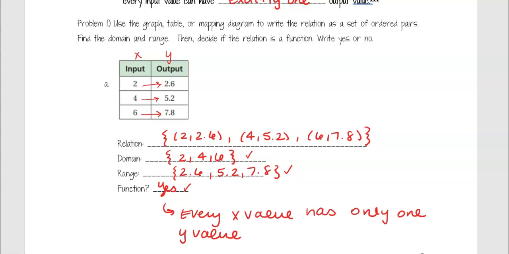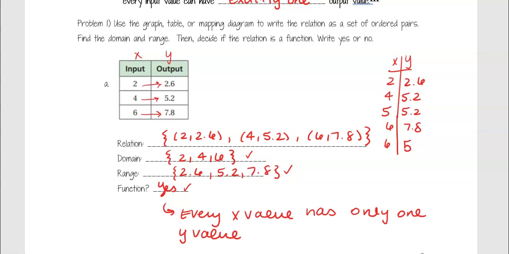Let's say, for example, we saw a table and it said 2 goes to 2.6. 4 goes to 5.2. 5 goes to 5.2. 6 goes to 7.8, and 6 goes to 5.